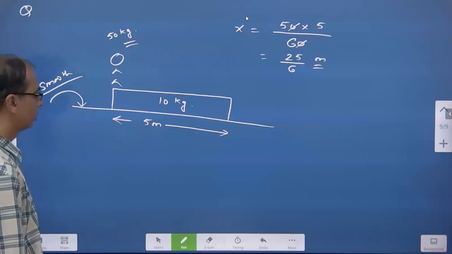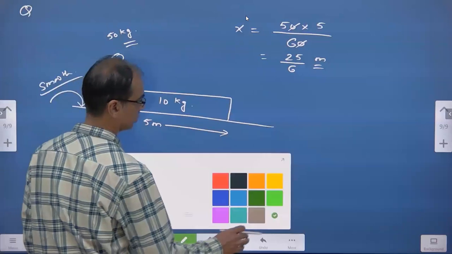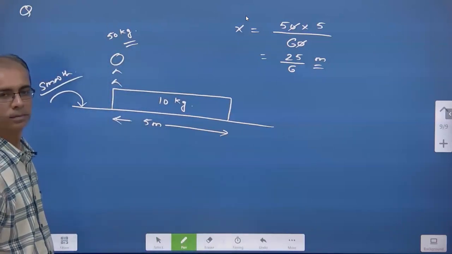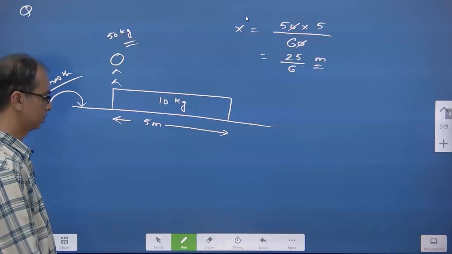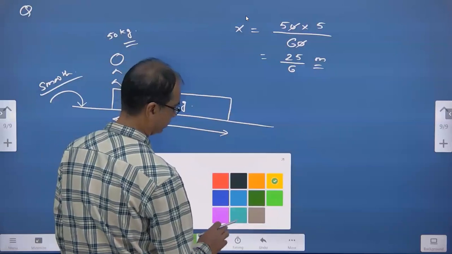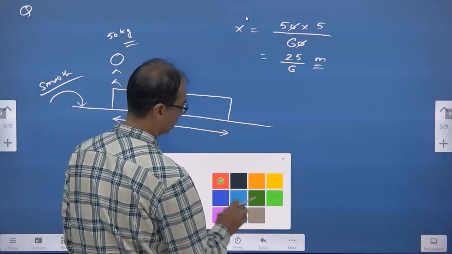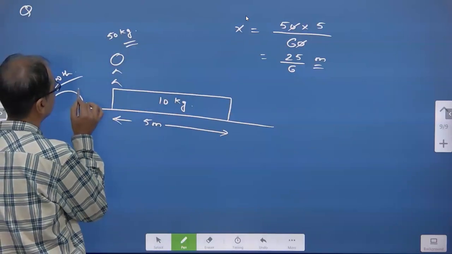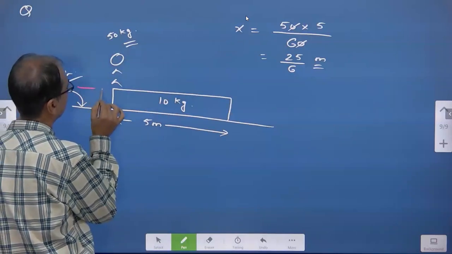Yes, students, are you able to do it? Make your diagram, and in the diagram, show that our plank has gone X on the left side.